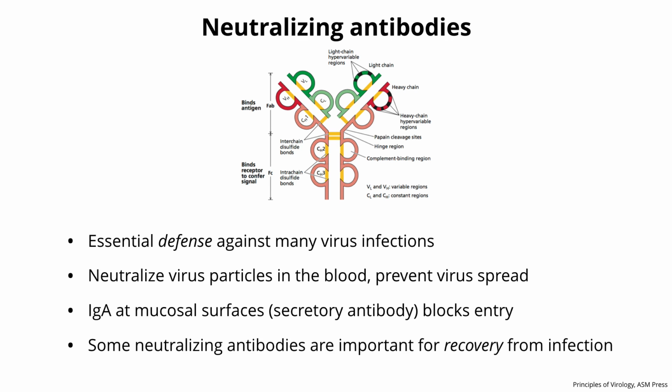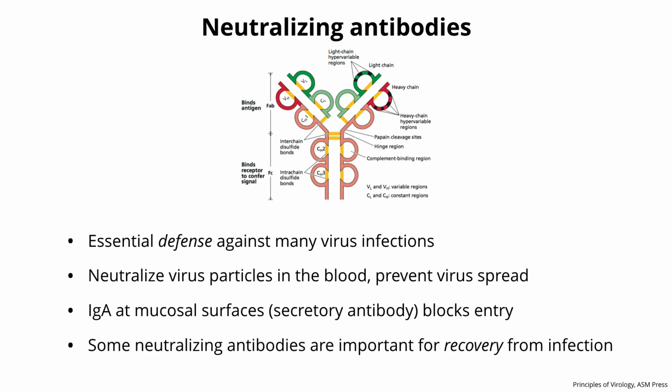But let's talk a little bit about neutralizing antibodies. Now, if you make an antibody that's neutralizing, it has the ability of blocking infection of a cell with that virus. Now, consider you have the first encounter with a virus. It takes you a week or two to make antibodies.